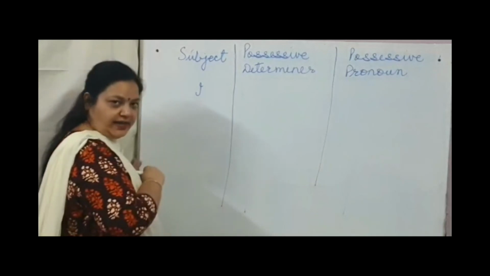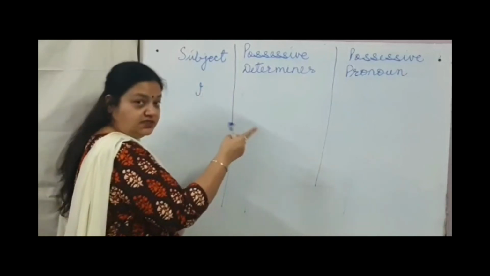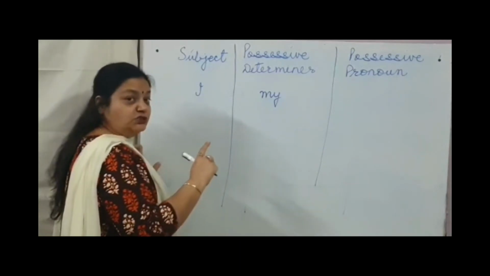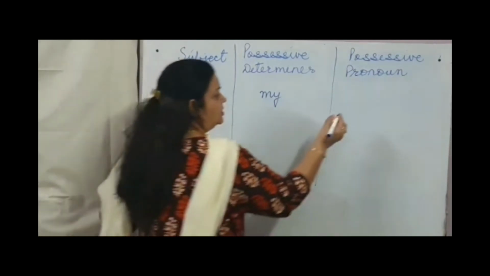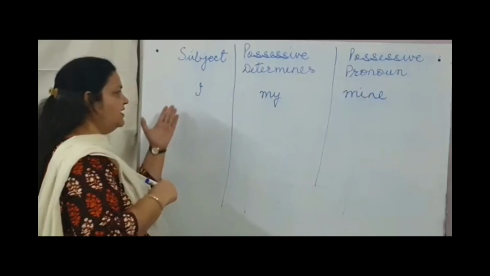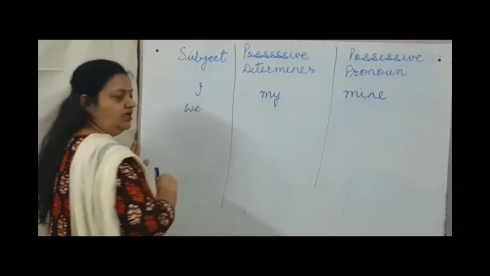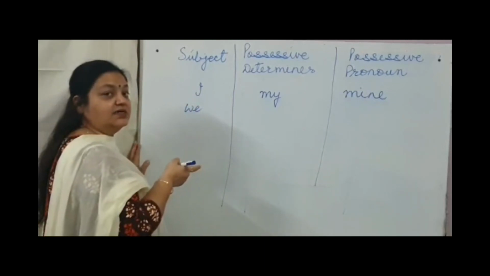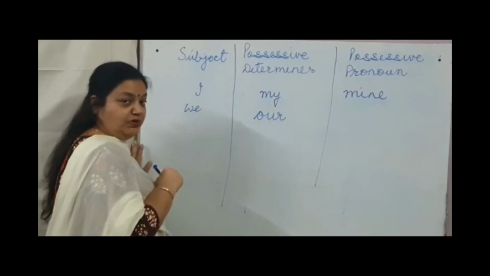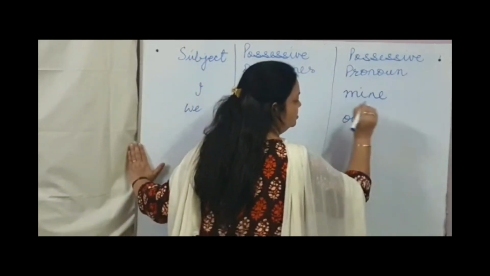That word is I. I, when used as a determiner, the word used is my. But when it is used as possessive pronoun, the word used is mine. Let us say the first person plural, that is we. When I use it as a determiner, I take it as our. But when I use it as a pronoun, it changes to ours.